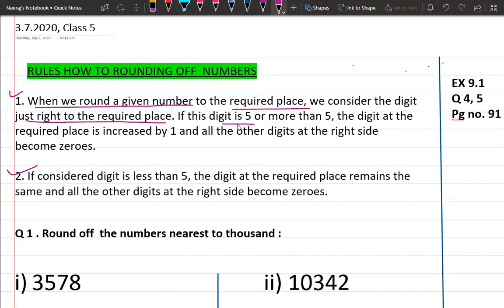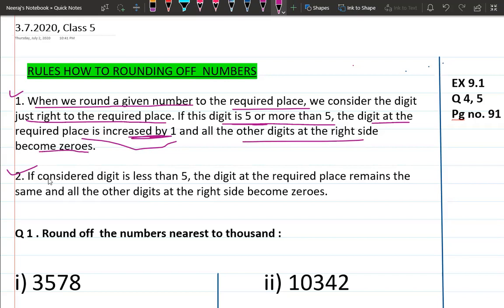If that digit is 5 or more than 5, that is 5, 6, 7, 8, 9, then the required place digit will be increased by 1. The other digits on the right side will become zeros.